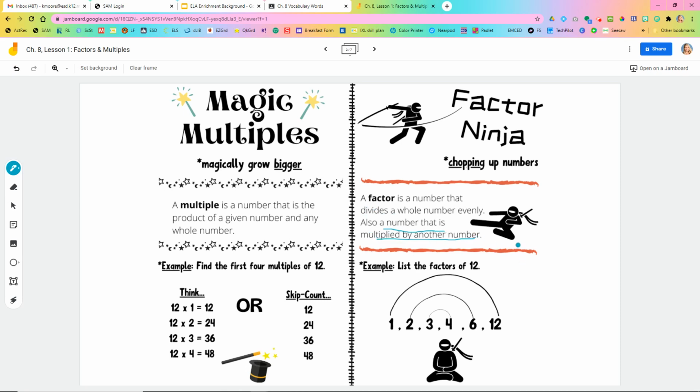But what I want us to focus on now is the fact that when I have the number 12, I know that 12 times 1 gives me 12, right? 6 times 2 will give me 12. So this is how we're looking at our factors now.